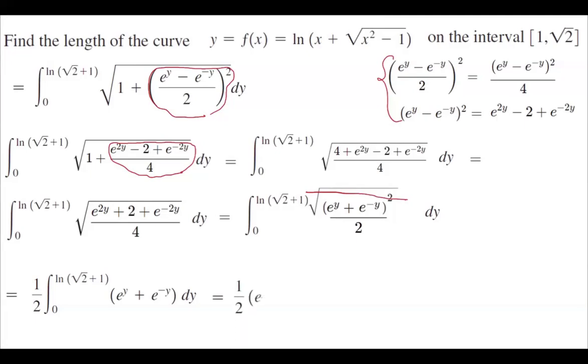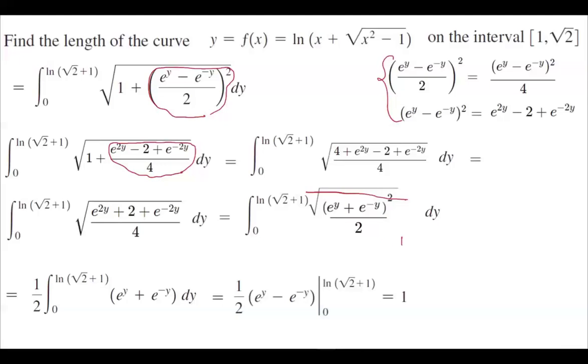This in turn is a half (e to power y minus e to power negative y), and y ranges between 0 to ln of (square root of 2 plus 1). Just substitute the upper bound, substitute the lower bound, and simplify to get 1. What's the algebra behind it?